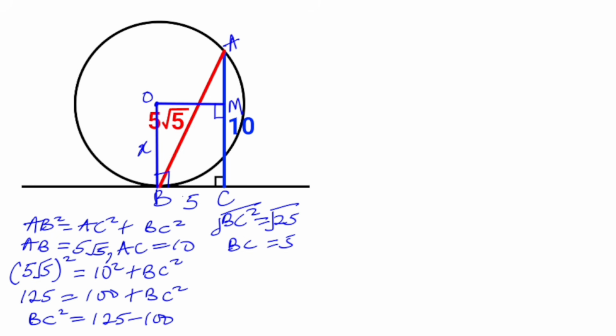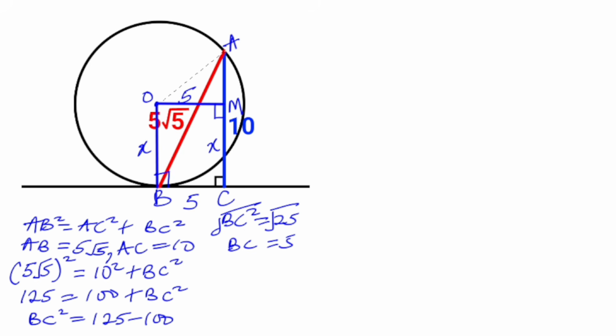This creates a perfectly neat rectangle, OBCM. Because opposite sides of a rectangle are equal, the vertical segment MC is equal to the radius OB, which is x. Similarly, the horizontal distance OM is equal to the base BC, which is 5.